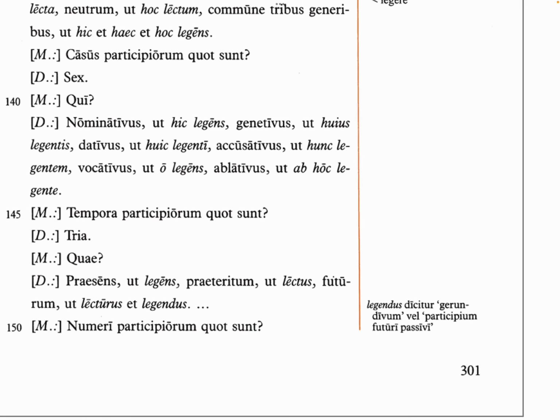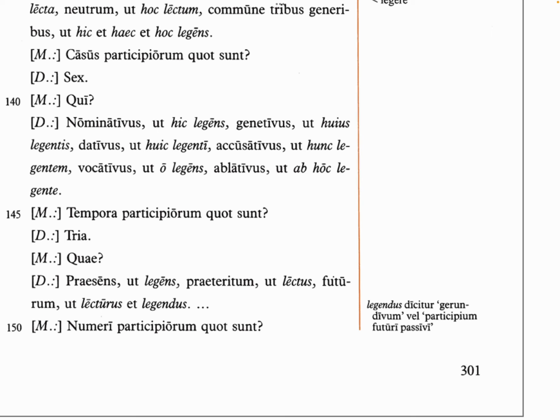And then the teacher asks the question, tempora participiorum quot sunt? The times or tenses of participles, how many are they? And the student says tria, 3. Now notice it's tria, not tres, because tempora is a neuter word, right? Quae, what are they? Praesens ut legens, present, as reading.